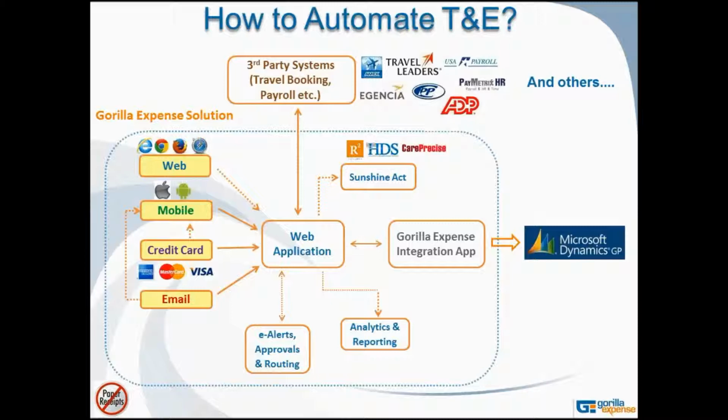And fourthly, we have an email feature, which is a new feature we launched last year. We call it the forward and forget feature. So if you have an email in your inbox that has a receipt, a PDF receipt supplied or attached to the email by the merchant, then you can simply forward that email to a fixed Gorilla Expense mailbox for the application to create the transaction for you.